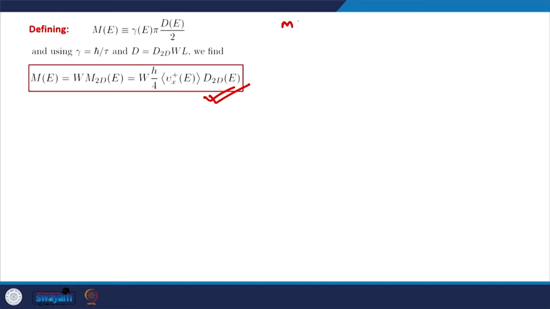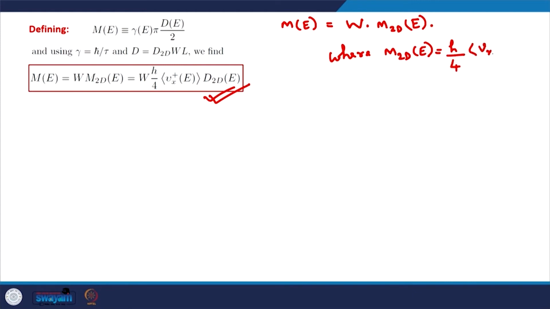So the number of modes in a 2D channel, in a more formal way, can be written as W times the number of modes per unit width, where the number of modes per unit width is h by 4 times the average velocity of electrons in the positive x direction times dD/dE.